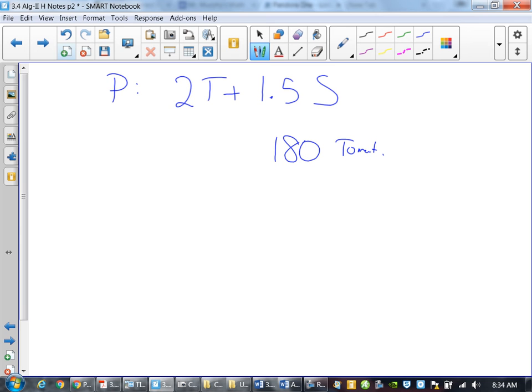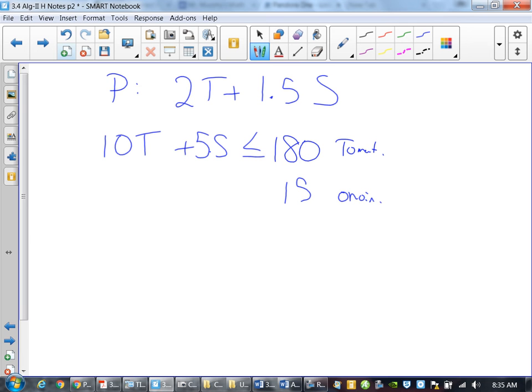Wait, so then is it like 10t is less than or equal to 180? Careful. You have to think of it in terms of the mixture. The tomato sauce uses 10 tomatoes, but how many tomatoes does the salsa use? 5. So 10 in the tomato sauce plus 5 in the salsa has to be less than or equal to 180.